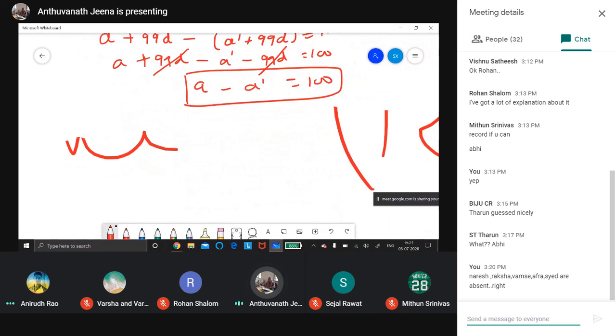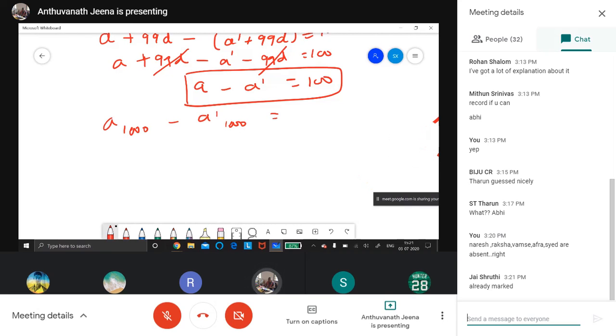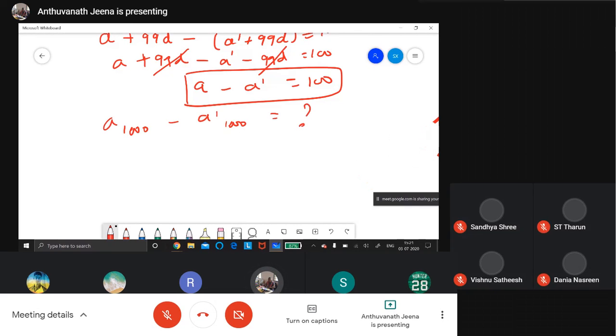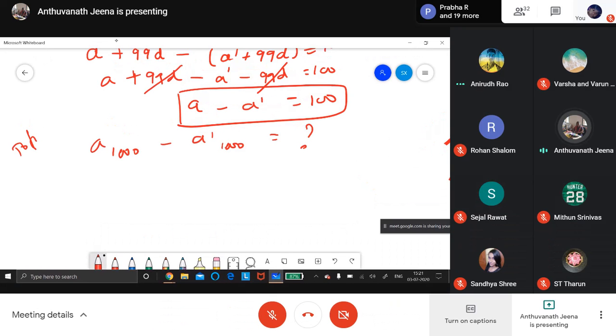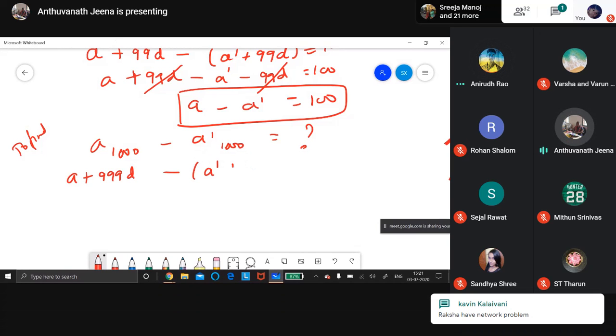We need the difference of the 1000th term of one AP and the 1000th term of the other AP. The question is to find this. For the 1000th term, A plus 999D, and then A dash plus 999D.